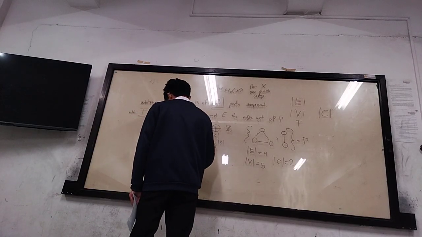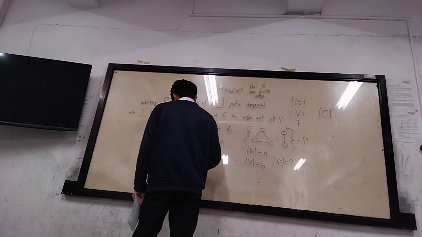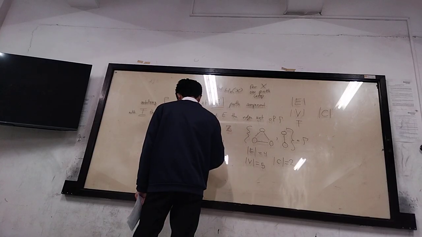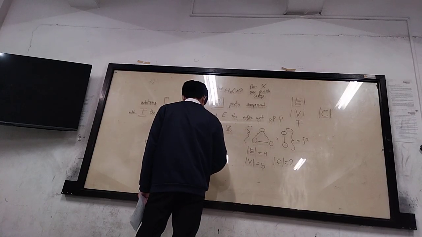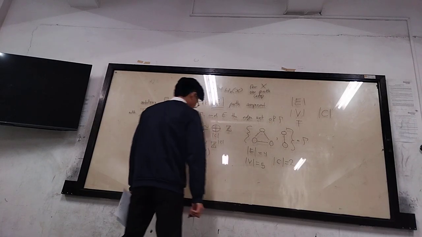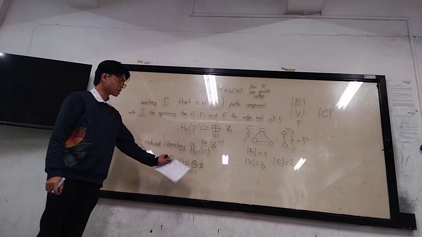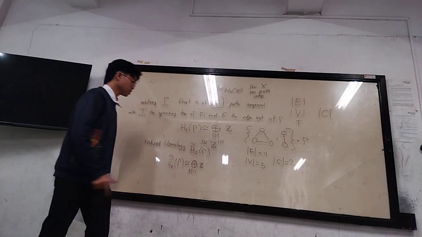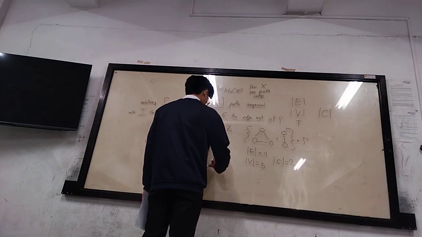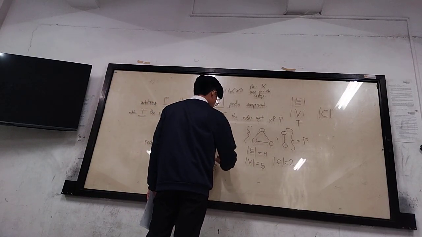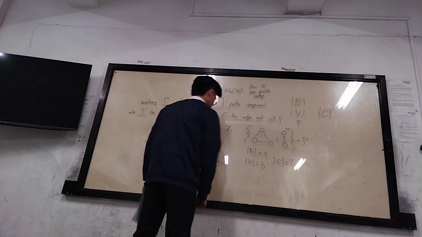So my H0 tilde of my relationship gamma is isomorphic to the direct sum over C minus 1 copies of Z, which is likewise isomorphic to Z to the C minus 1.